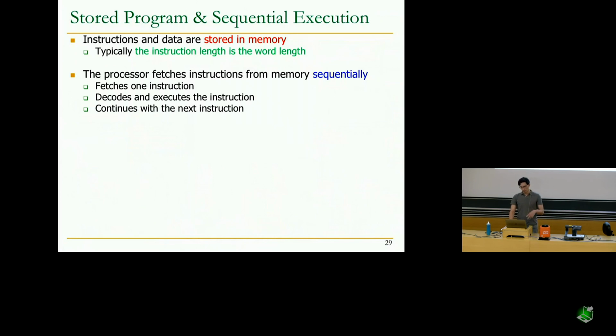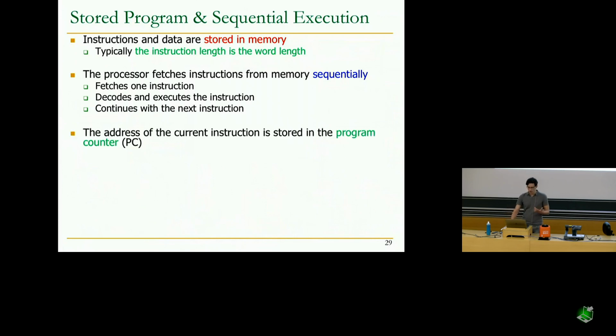You see it's like 3 or 4 steps. Actually, later we will see that there are 6 steps. These steps are executed one after the other, and when you reach the end, you start from the beginning. So that's why we talk about the instruction cycle.